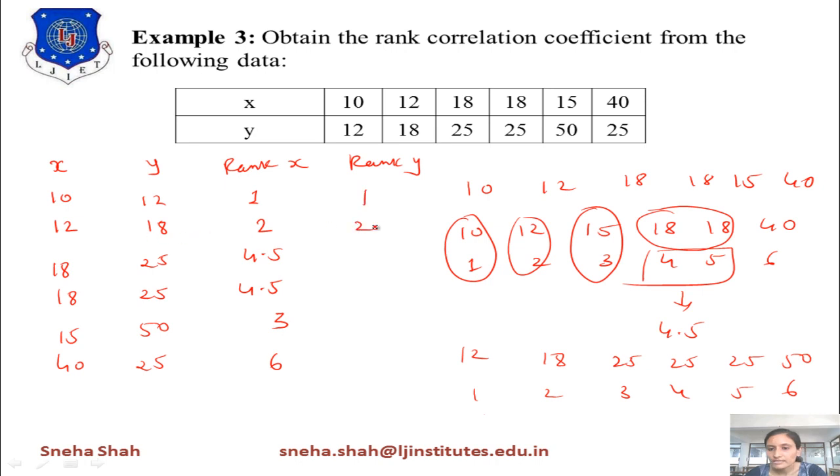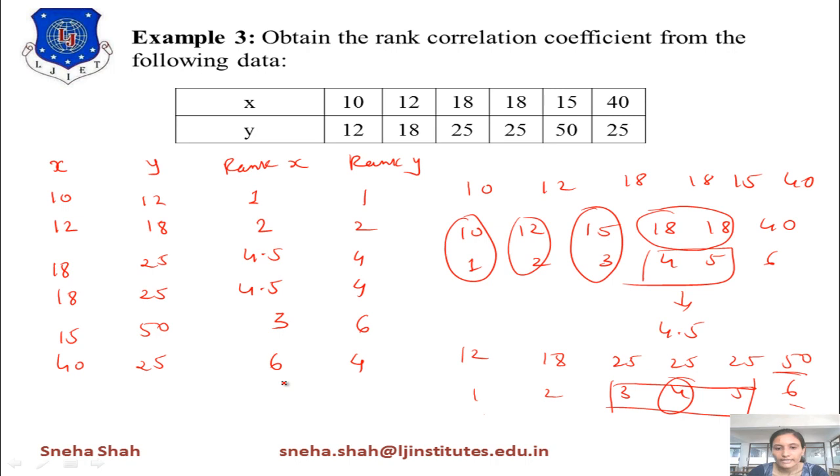Now the 25 appears 3 times, so its average rank equals 4. So I will write 4, 4, 4 in front of the 25s, and in front of 50 I will write 6.